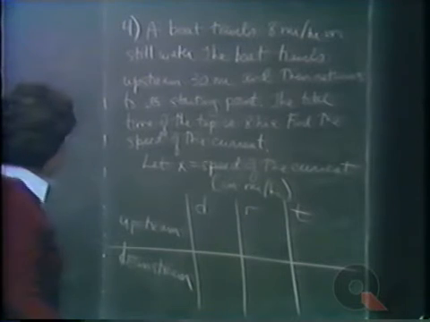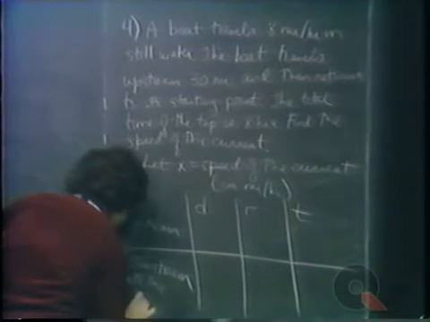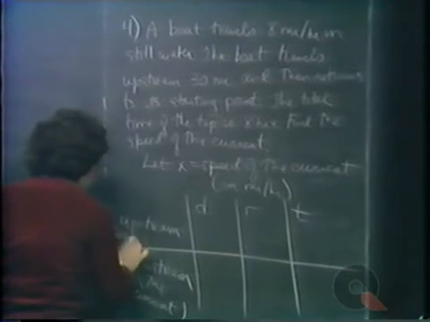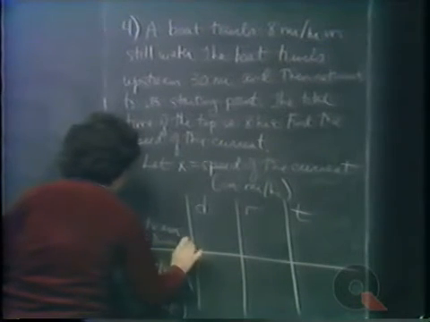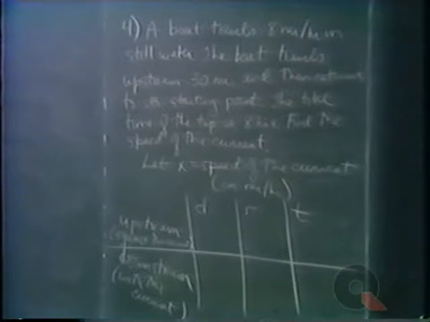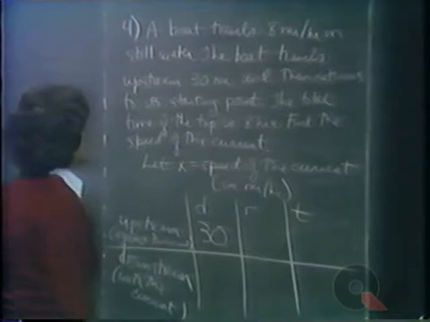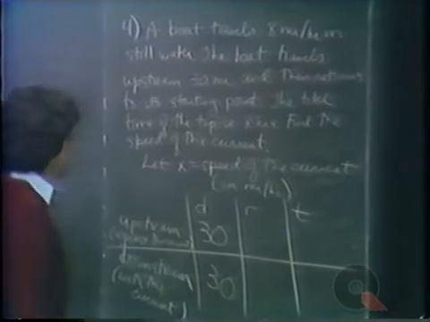Remember, when you're going downstream, you're going with the current. And when you're going upstream, you're going against the current. All right, we're traveling 30 miles upstream and then returning to the starting point, which means 30 miles downstream as well.